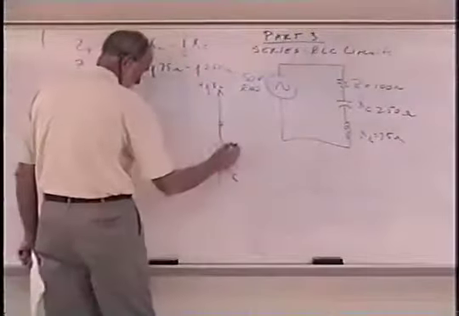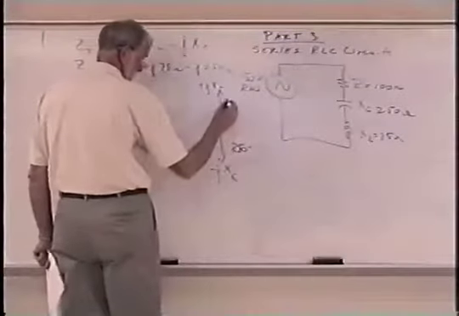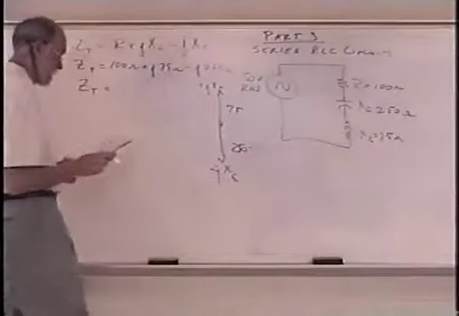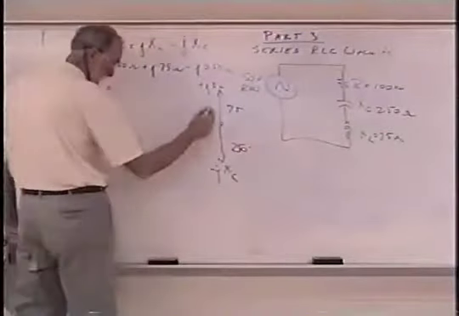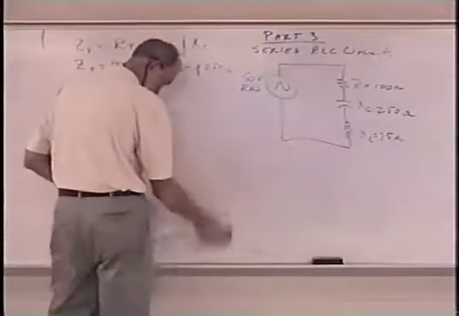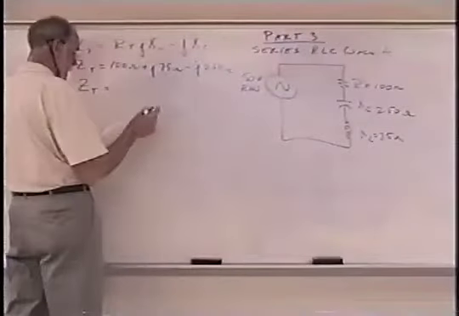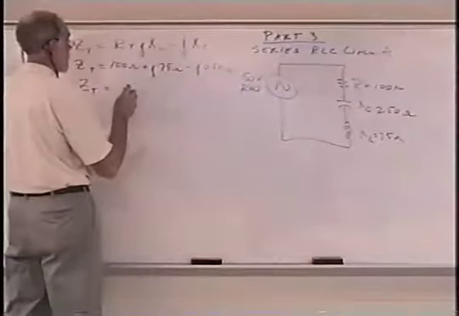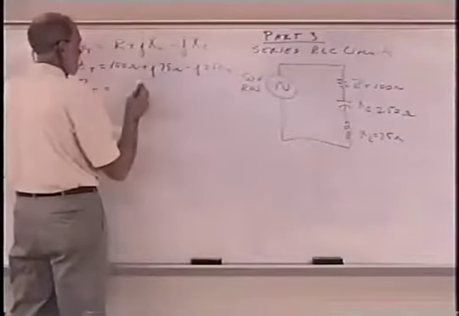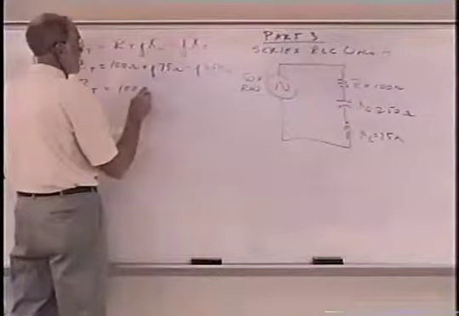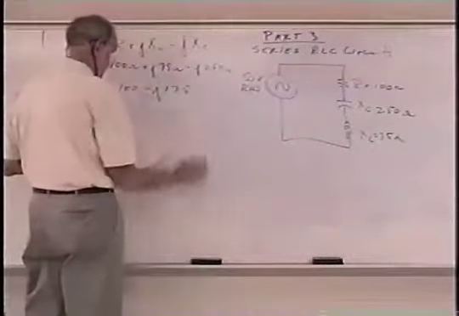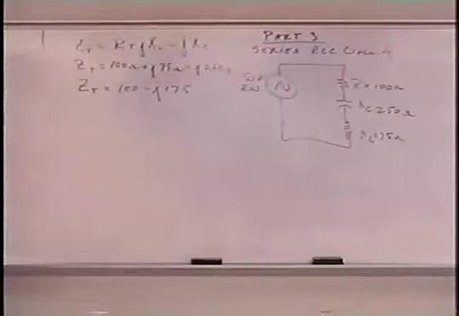So we've got 250 here, and we've got 75 here, so we're going to end up with negative 175. The resultant of that is negative 175. It's just a simple subtraction. So we'll end up with 100 minus J 175, and that's our resulting equation.